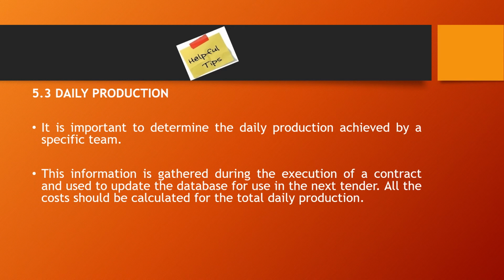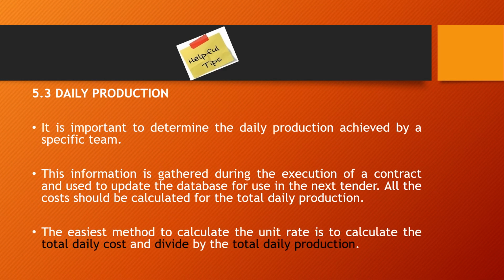You've got to know how many cubic meters of concrete your team does in one day. Typically, concrete teams can do anything between 8 and 10 cubic meters of concrete a day. It is important to note that, because you use that information for pricing the next tender.